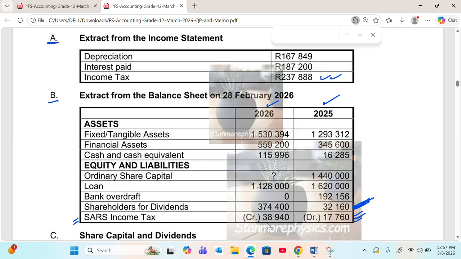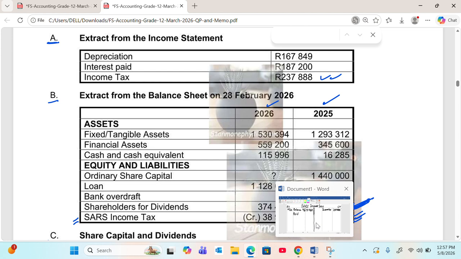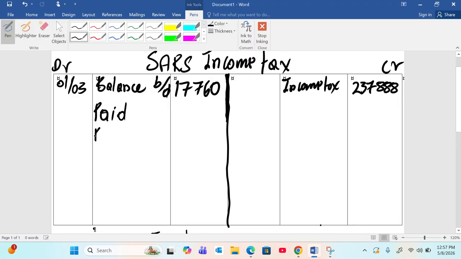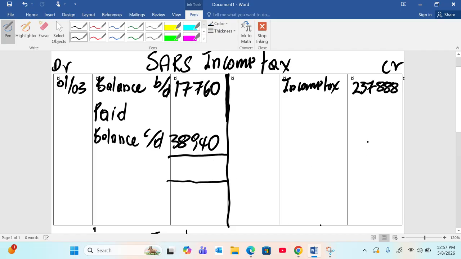It is the credit balance on the last day. If it is the credit balance on the last day, it means now we have the balance carried down on the debit side of 38,940.